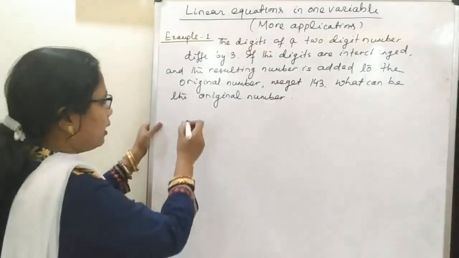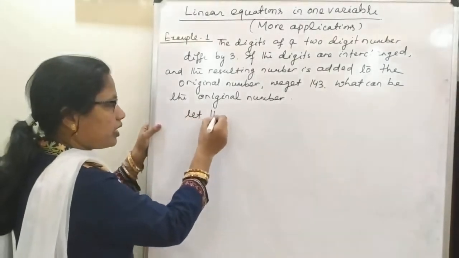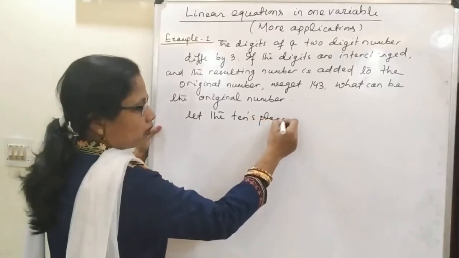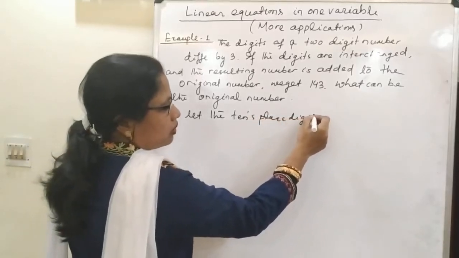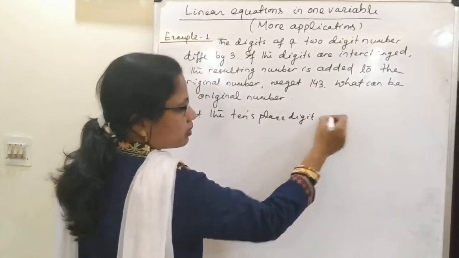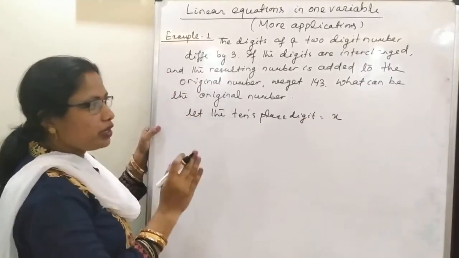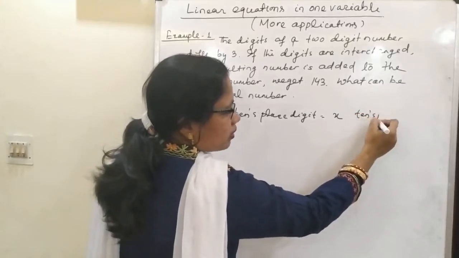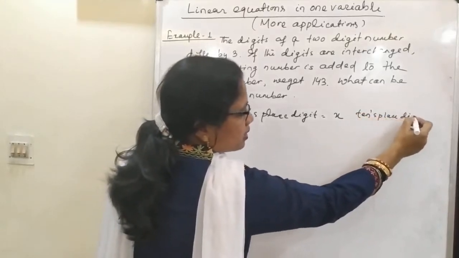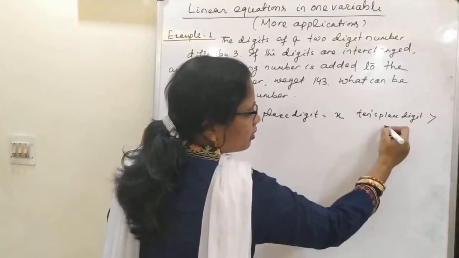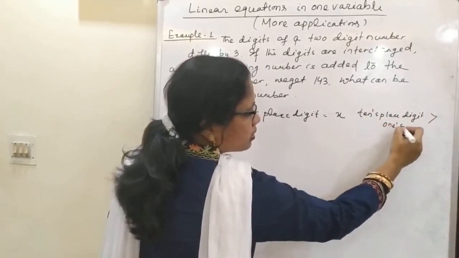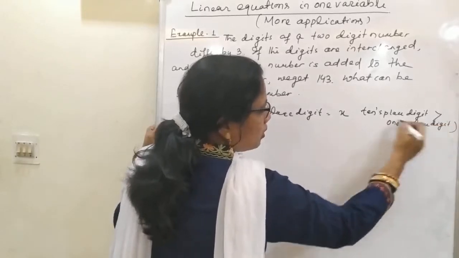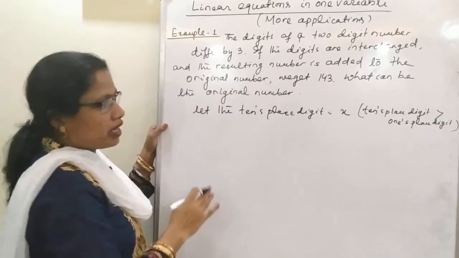So here, let the tens place digit be x. Assuming that the tens place digit is greater than the ones place digit, I assume it.